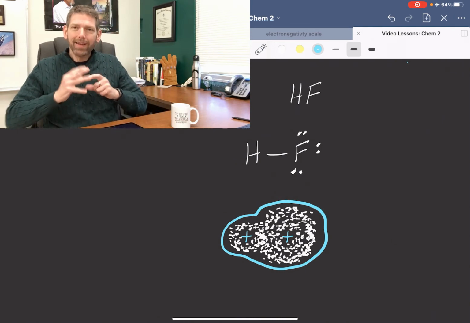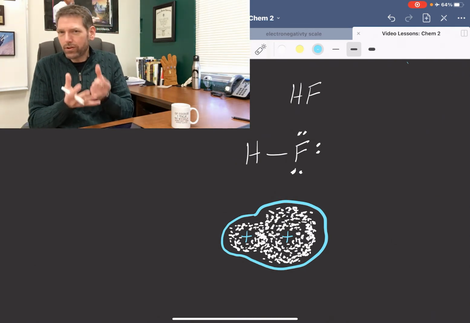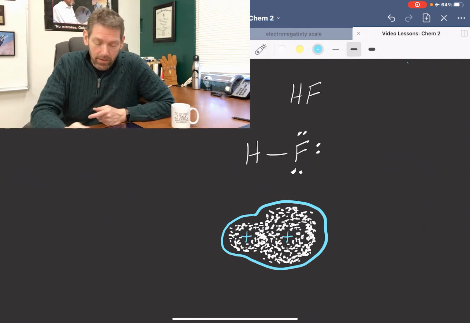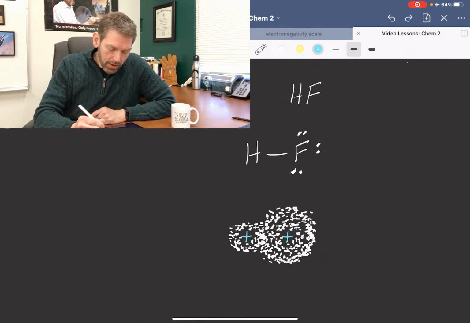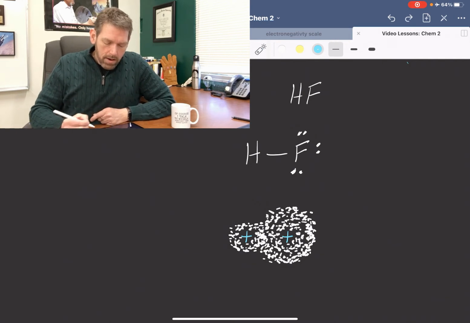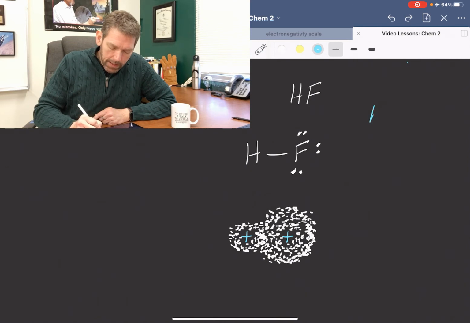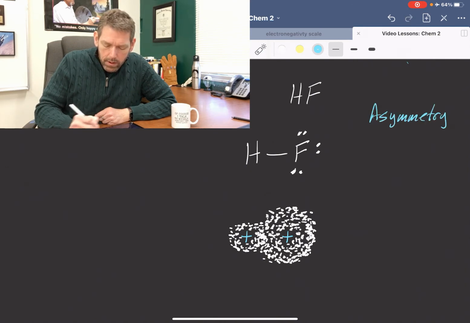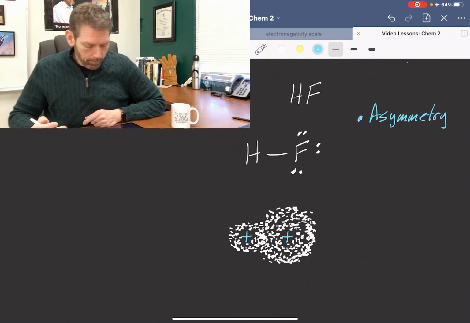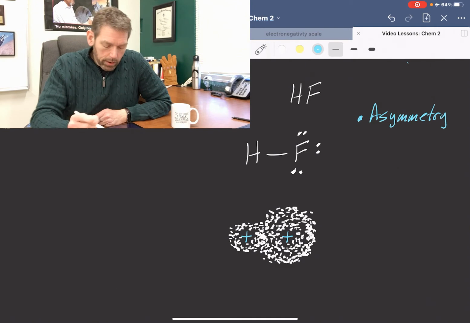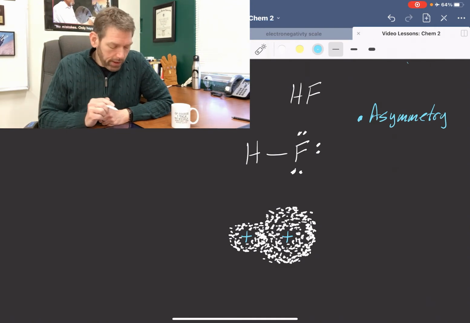If you look at it, the electrons are not evenly distributed around the entire molecule. So that has an effect on how the molecule works. Once again, we've already said that there is asymmetry to this. So it is asymmetrical.